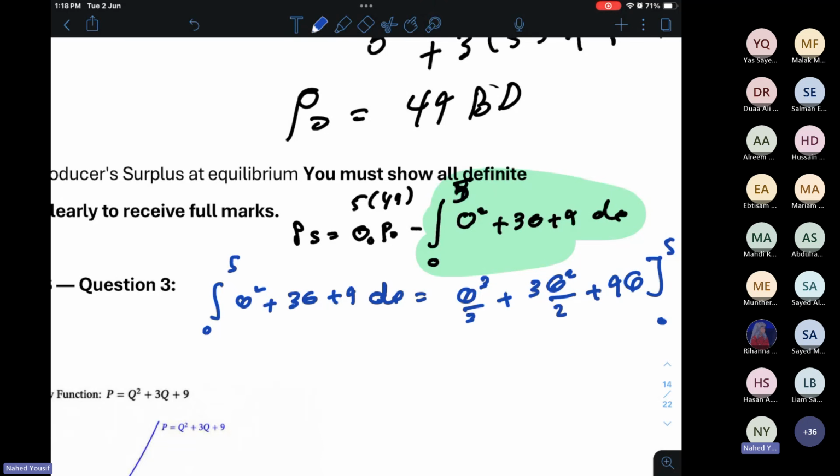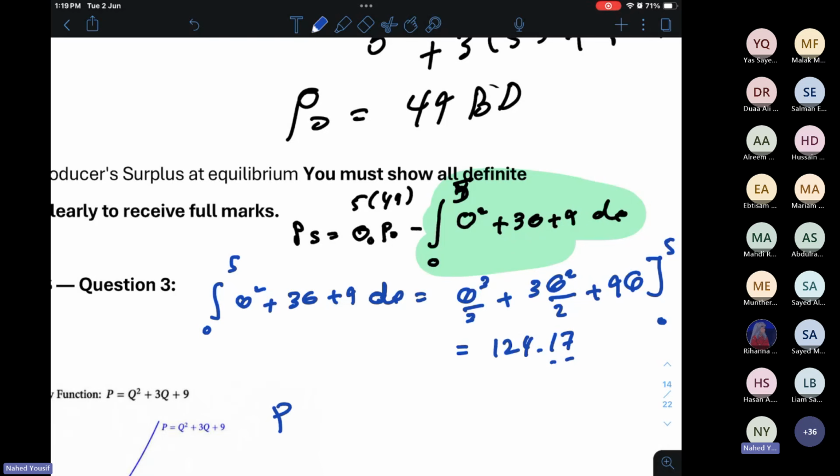Okay, and after substitution, you will get this value equal to 124.17. You have to round it to two decimals. So this is the value, and from here we get 5.